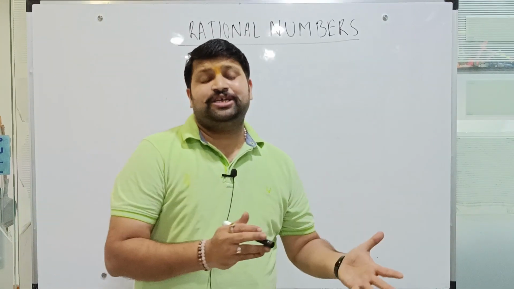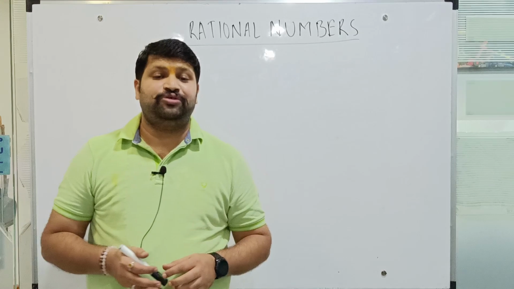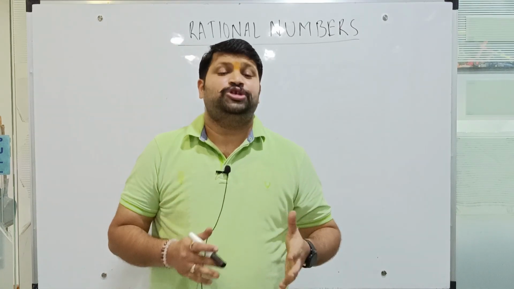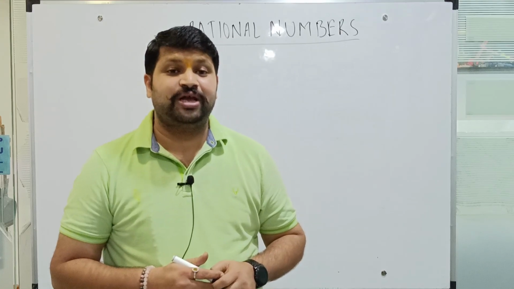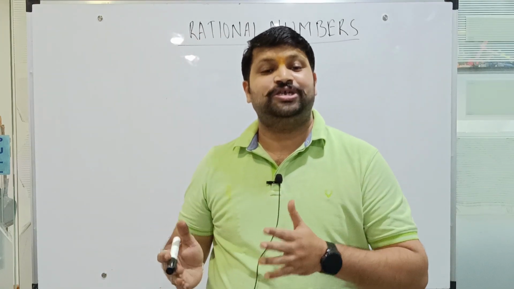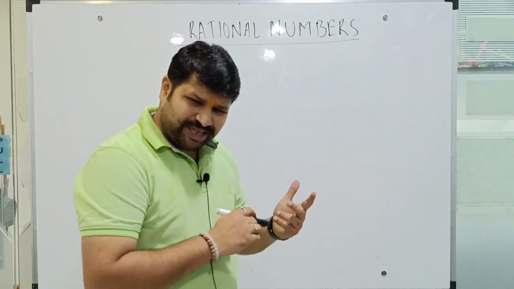Now the next property that we have is distributivity of multiplication over addition. Though this property is called distributivity of multiplication over addition, it is applicable to both addition and subtraction. So let's see how it works.